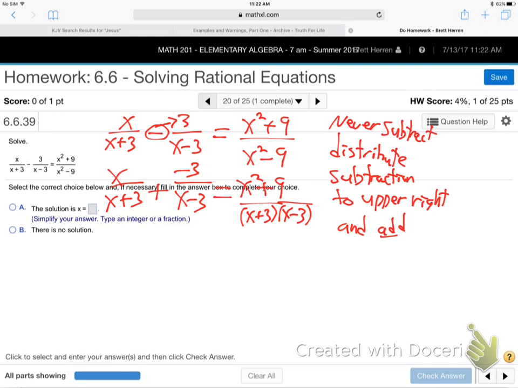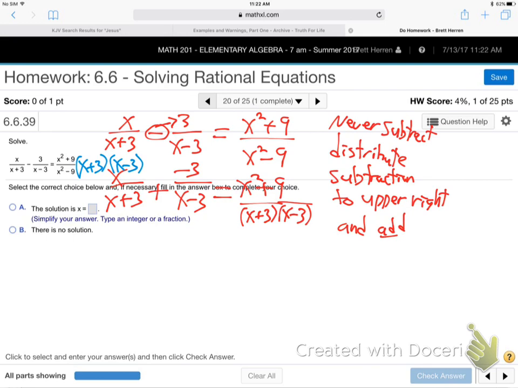And now, when you multiply through, do the whole thing, right? The whole common denominator, not just the missing part. So it's going to be x plus 3, x minus 3.